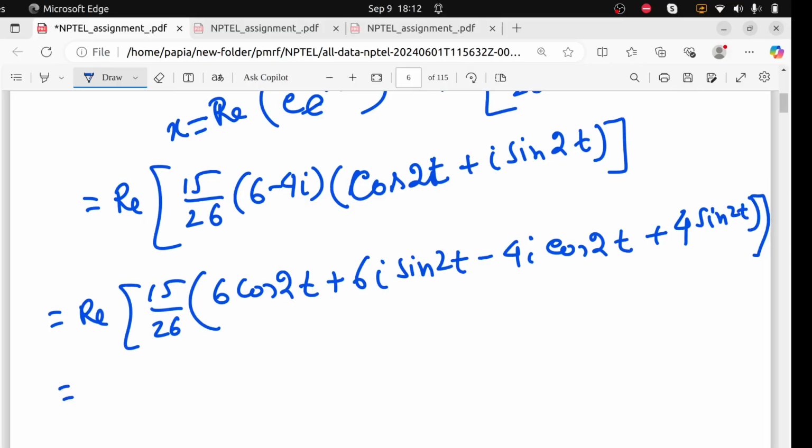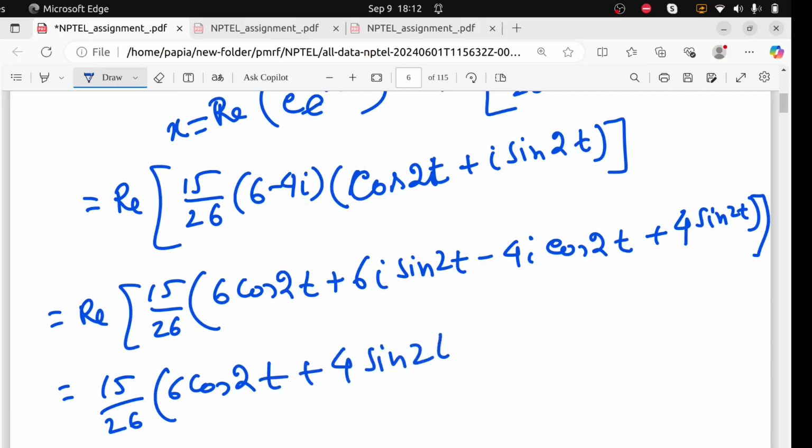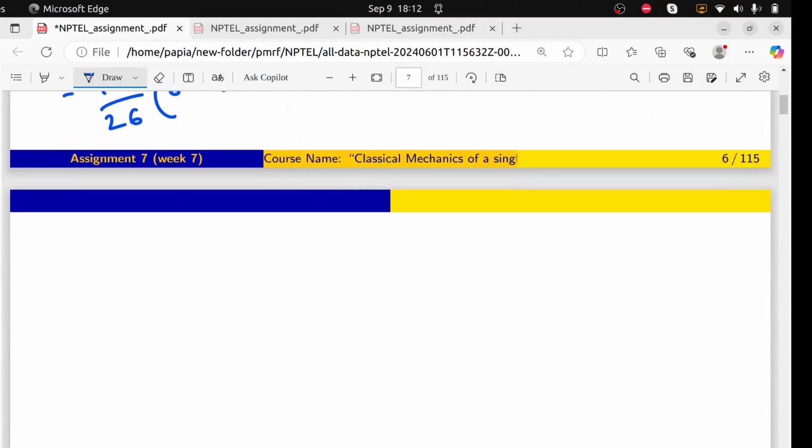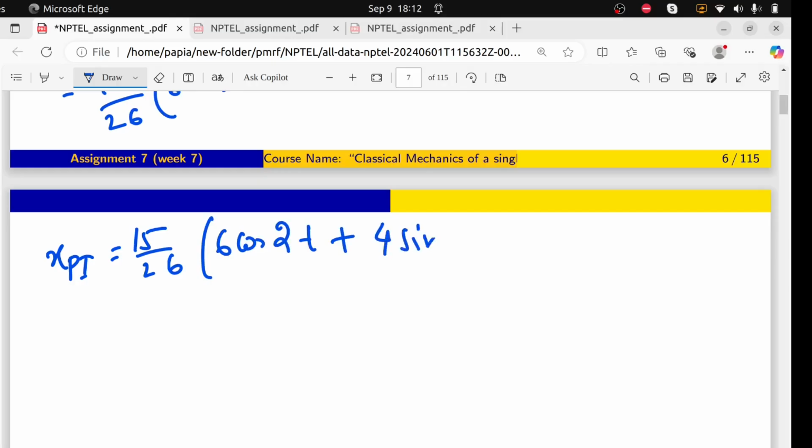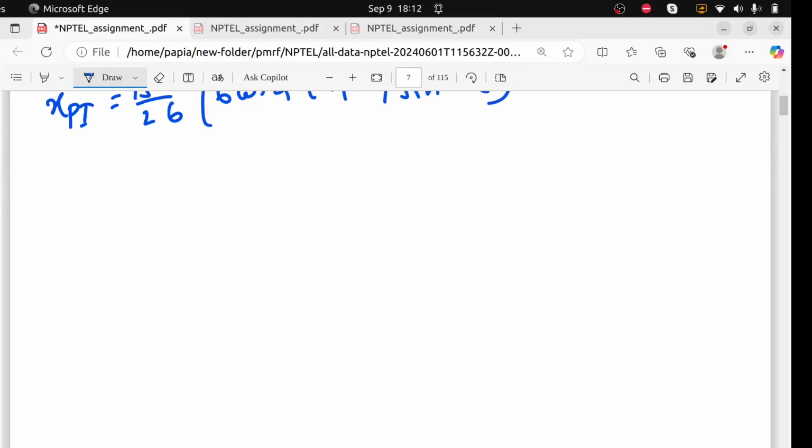The real part is simply 6 cos 2t plus 4 sin 2t. So my xPI is 15 by 26, 6 cos 2t plus 4 sin 2t. Okay, I got xPI as well as xCF.